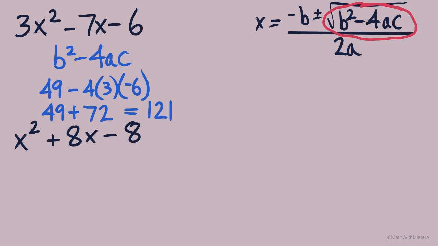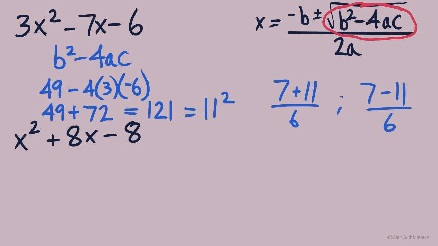We add those up and we get 121, and that is a perfect square. That is 11 squared. So if I imagine that this was a square root of 121, which I could simplify to become 11, I'd have these two fractions, and this one's going to lead me to 18 over 6, my first zero of positive 3. And over here, I'd get a negative 4 over 6, my negative 2/3.